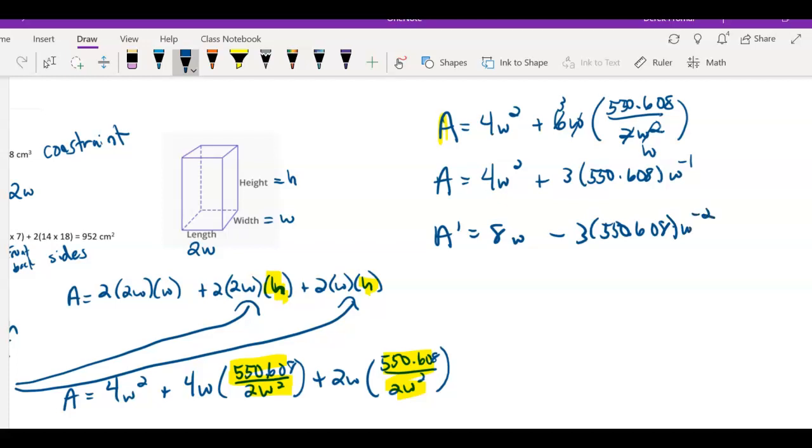And that becomes a form of my derivative, and I'm going to rewrite it like that.